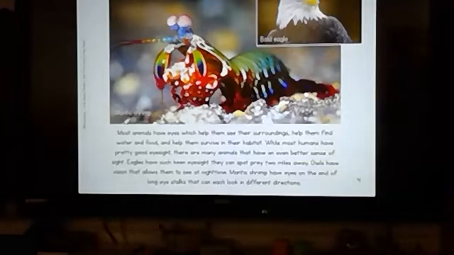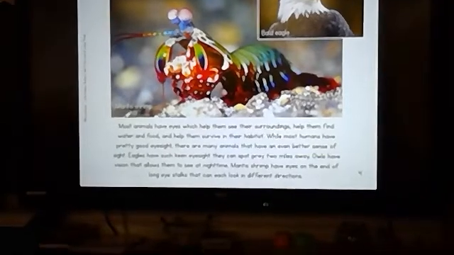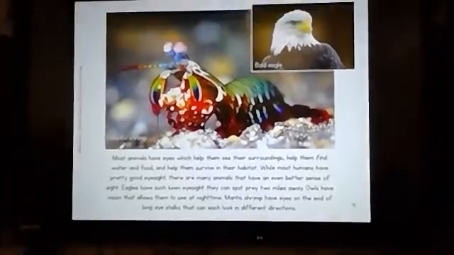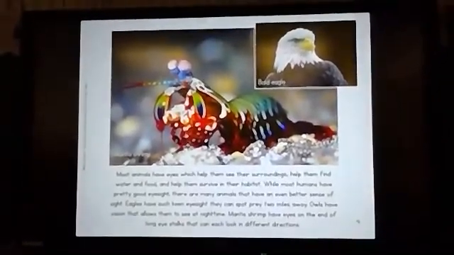While most humans have pretty good eyesight, there are many animals that have even a better sense of sight. Eagles have such keen eyesight, they can spot prey 2 miles away.